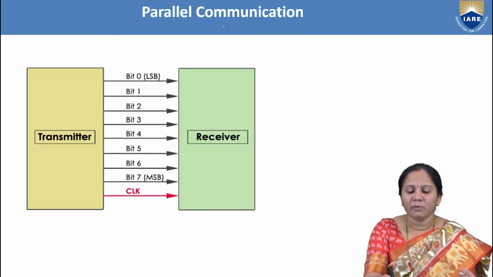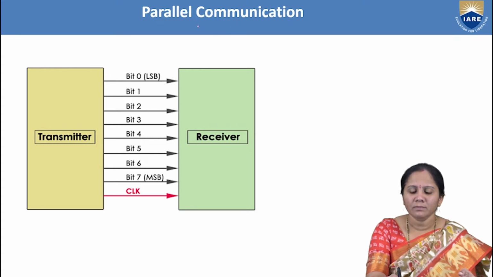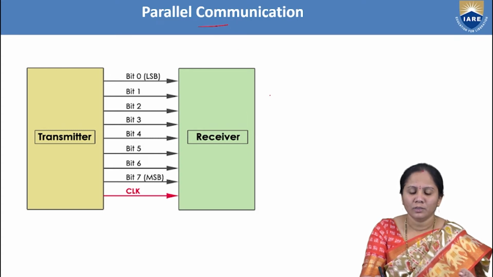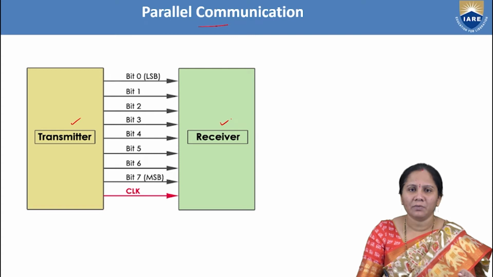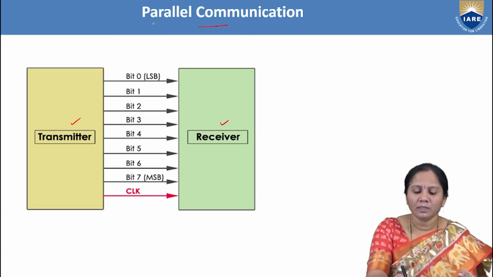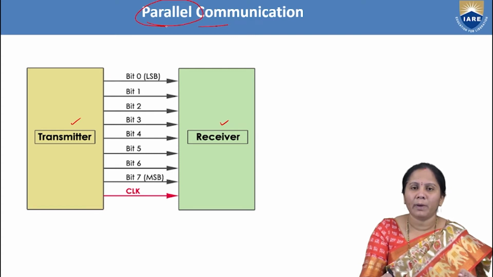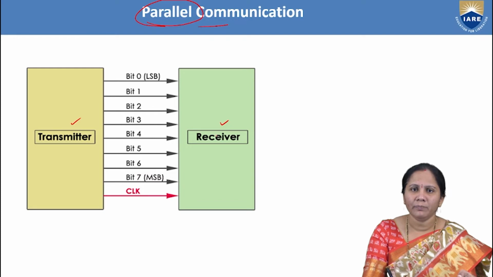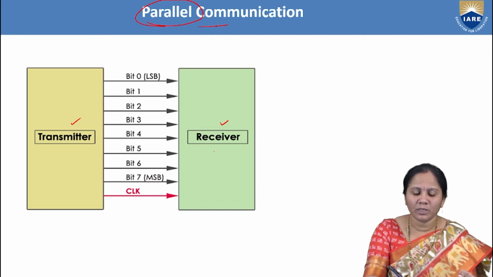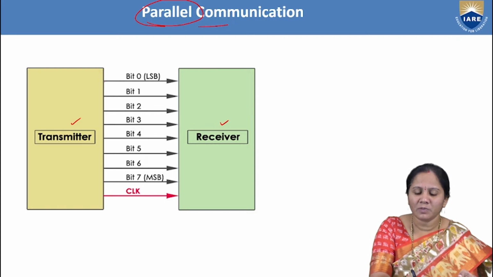Another type of communication is parallel communication. In this type of communication, how is the data transmitted between transmitter and receiver? The transmitter uses n number of wires to transmit the data. So to the transmitter, we can observe there are n number of wires.